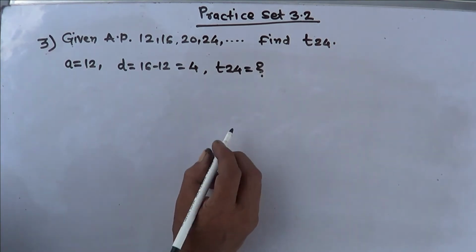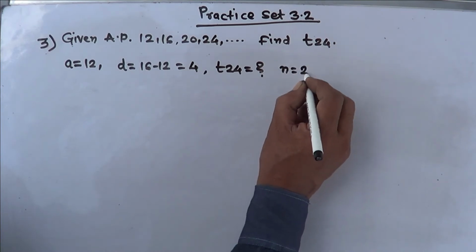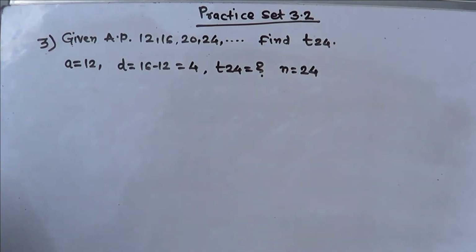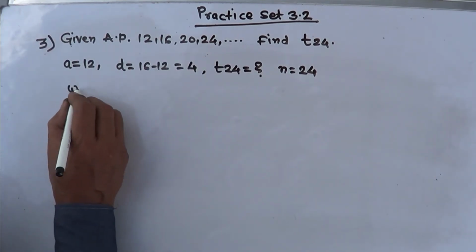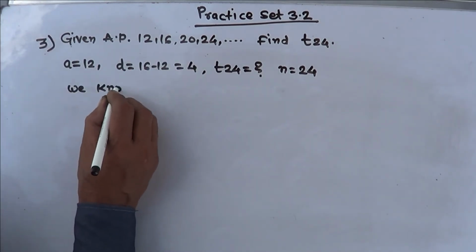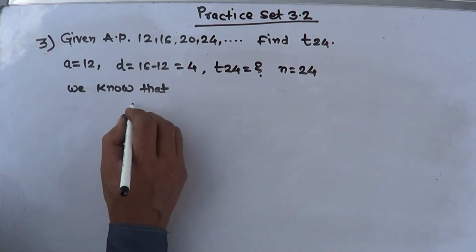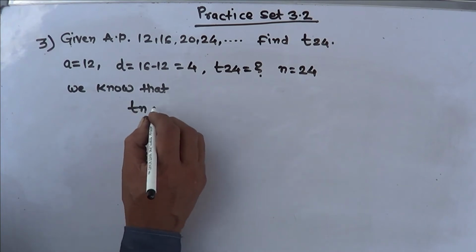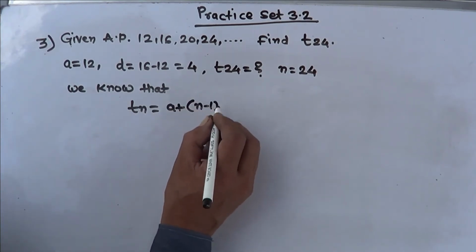So here number of terms will be equal to 24. So n will be equal to 24. Then we will write the formula. We know that our formula for Tn is given by a plus n minus 1 into d.